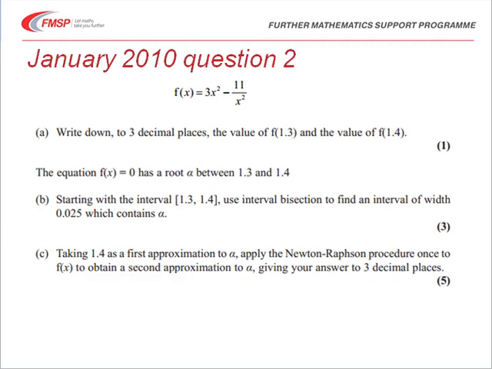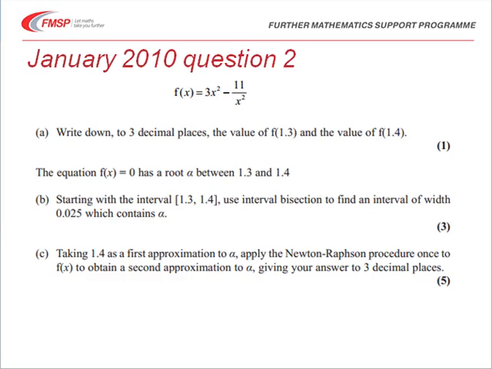We're then told that the equation f of x equal to 0 has a root alpha between 1.3 and 1.4. Starting with that interval, we're asked to use the interval bisection method to find an interval of width 0.025.